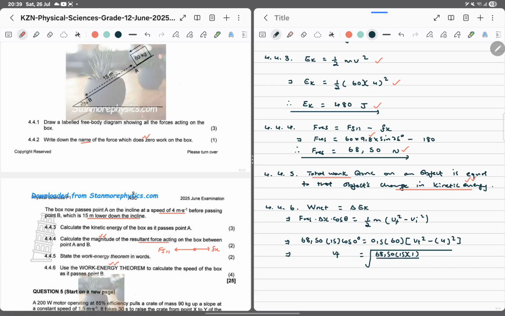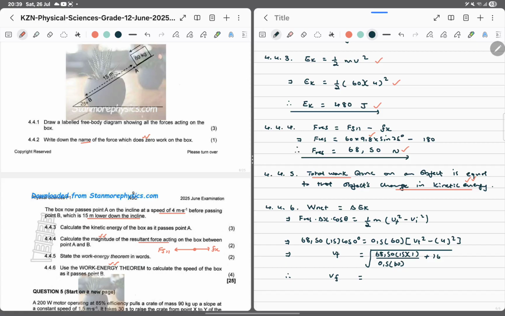Cos of 0 is 1 divided by 0,5 into 60, and we're going to add 16 to that, right? Therefore, that final velocity at B will be the answer. So I just moved everything so that I can have an easy calculation.